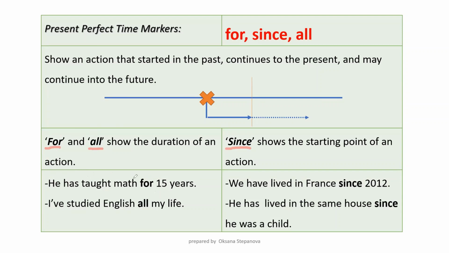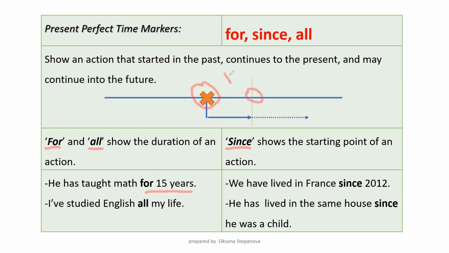He has taught math for 15 years. And also, if we look back at the diagram here, something happened. He started to teach math one day in unspecified past. We don't actually show the particular time, right? And we have the evidence now.